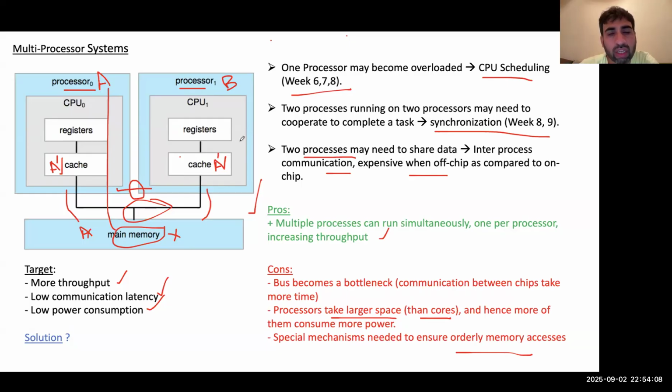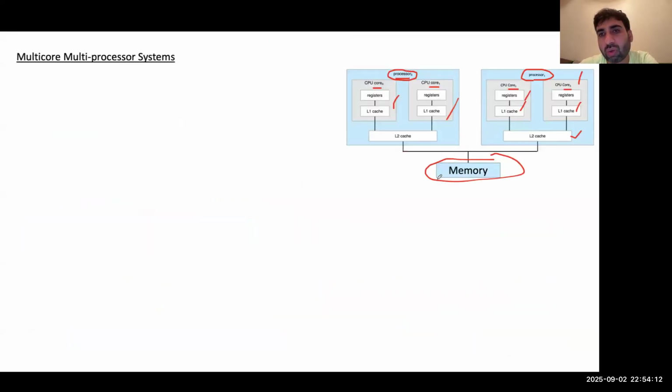So if you simply replicate, you are making 4 copies of everything. Now compare it with this one. Here, you have 4 cores and you are replicating only registers, L1 cache and execution unit, not other things, right? And even the L2 cache is not replicated 4 times. It is replicated only 2 times because 2 cores share the L2 cache, okay?